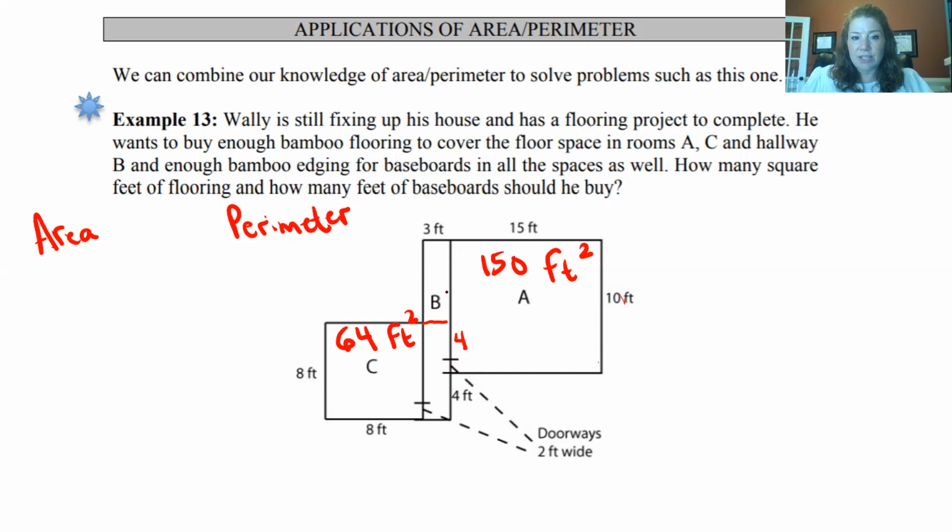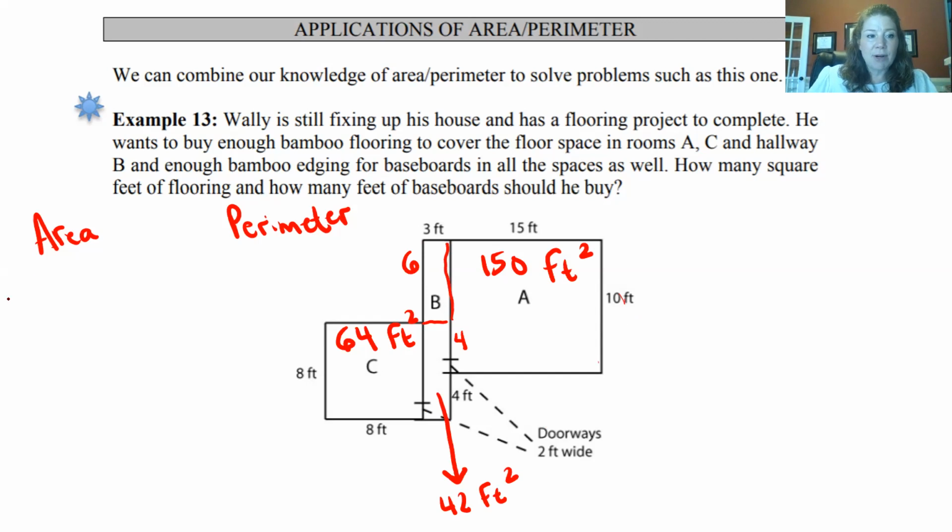So that means that this section just from here to here, if this is 4, this has to be 6. So these two sides are 6 feet long, right? So the dimensions of this long rectangle are going to be 3 feet by 14 feet because we have 6 plus 8. So 3 feet by 14. So 14 times 3 is 42. So this section is 42 feet squared.